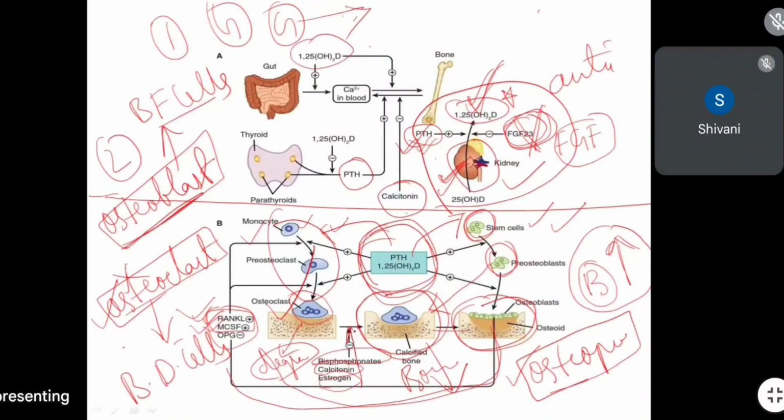They will act here to stop osteoclast activity, and they will try to maintain bones by decreasing the osteoclast activity that degrades the bones. Okay, I think you understood all these mechanisms of vitamin D, PTH, osteoblasts, where bisphosphonates are acting, where calcitonin is acting, estrogen. I think this slide is clear to you.